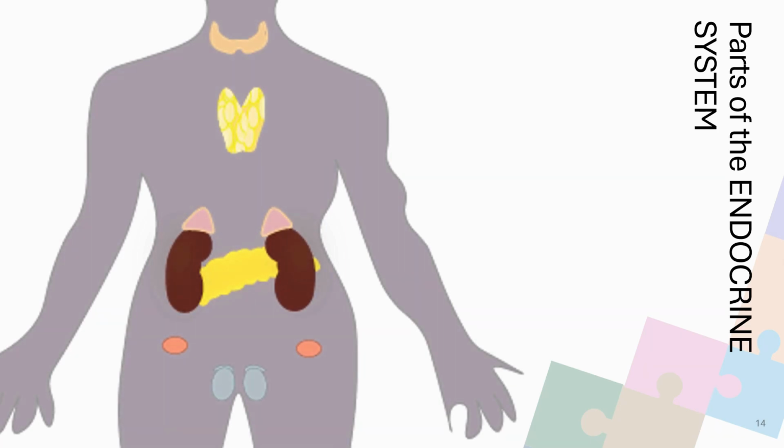Okay, so tucked a little bit behind the kidneys and up against some other organs, we do have the pancreas. The pancreas is involved in multiple body systems, so not just the endocrine system, but it plays a very clear role in the endocrine system, as you'll see with some of our diseases and some of our other processes and sections.